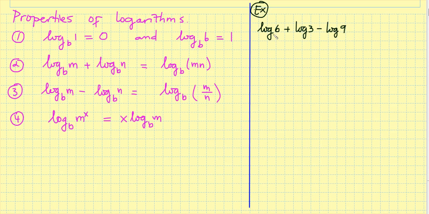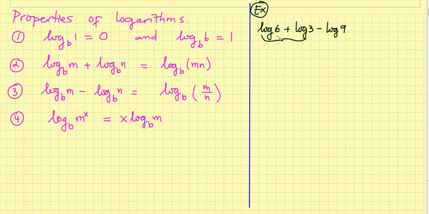Now, if we don't see the base, we must automatically know that the base is base 10. So if you don't see the base b, in this case the base b right here is 10.